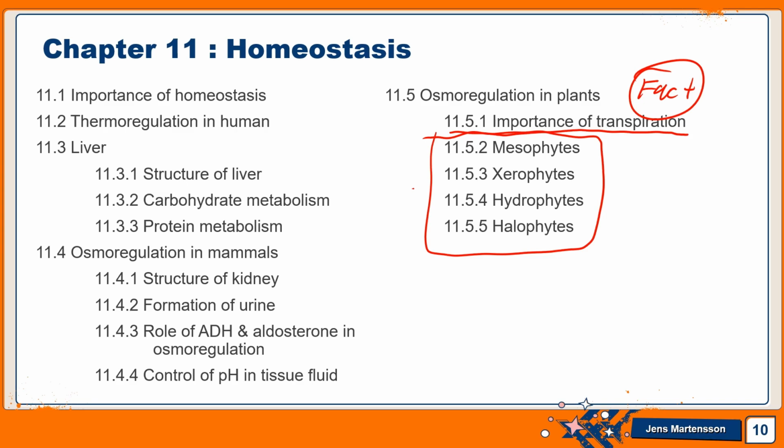osmoregulation in plants. There are 4 types of plant that can osmoregulate: mesophyte, xerophyte, hydrophyte, and halophyte. You have to know which condition the plant will grow in for each type.